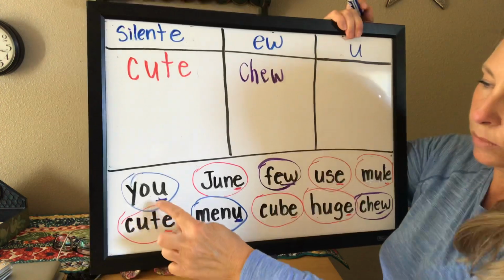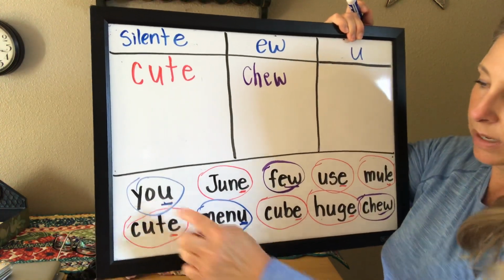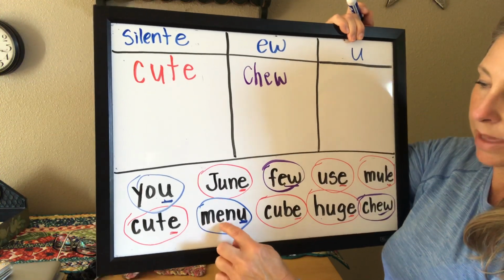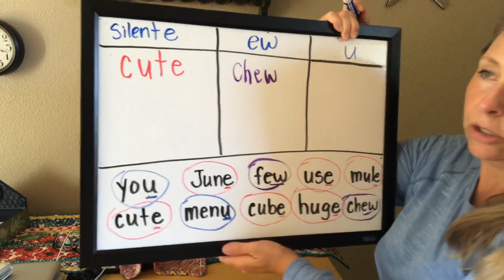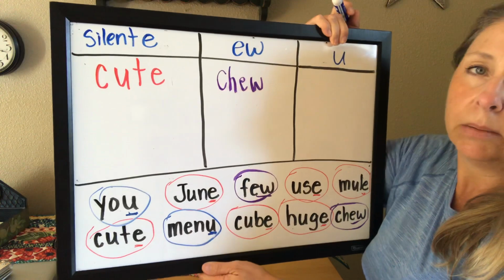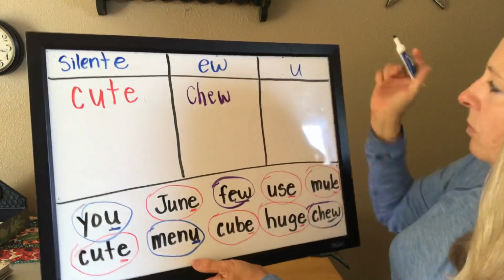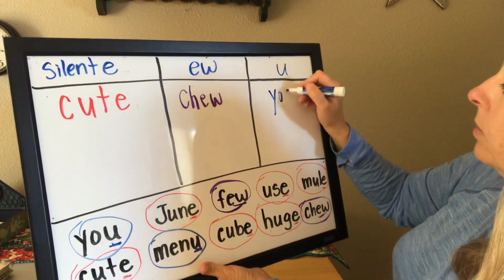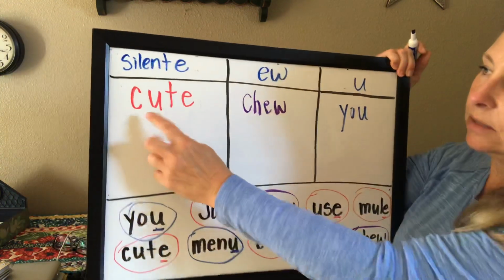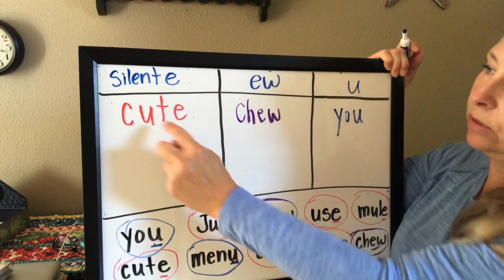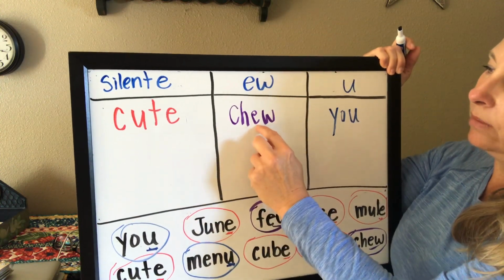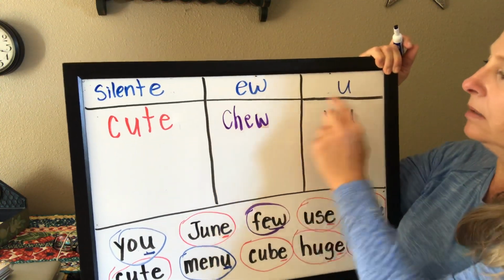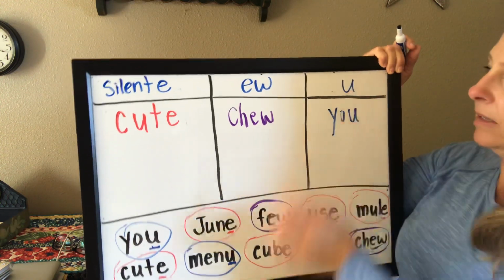So we have the word you, the sight word you, and menu. When you go in a restaurant, you look at a menu to decide what you want to eat. So we'll put you up here, Y-O-U. All right, so we've got cute following that silent E rule, chew following the EW rule, and you following the U on the end rule.